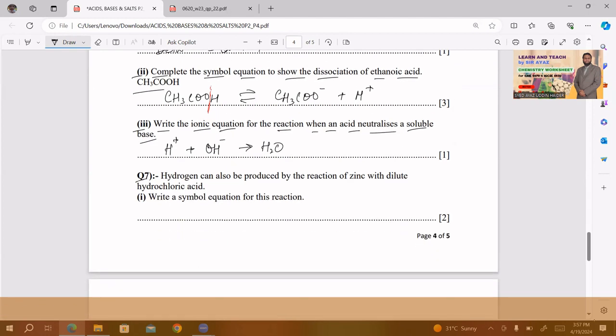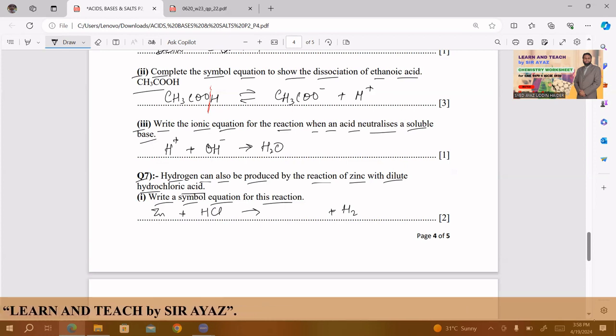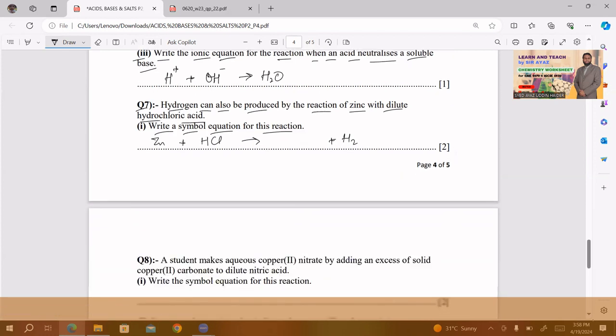Question number 7. Hydrogen can also be produced by the reaction of zinc with dilute hydrochloric acid. Number 1, write a symbol equation for this reaction. We have reaction between zinc and hydrochloric acid. Zn is the symbol for zinc plus hydrochloric acid is HCl. We will get hydrogen gas. H2 is the formula for hydrogen gas. What about the salt produced here? We will get zinc chloride.